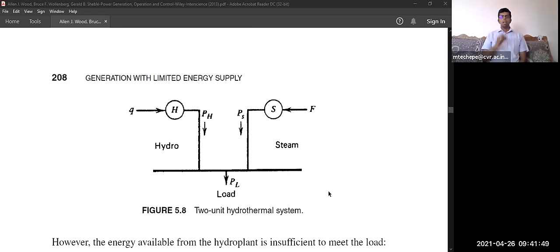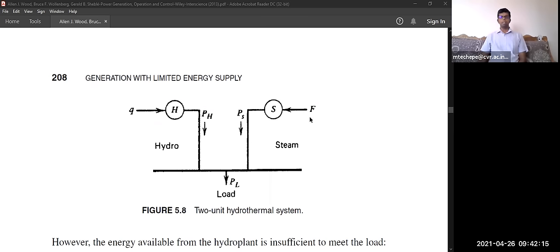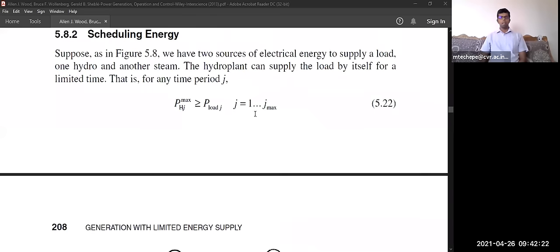In the peak hours, if the hydro reserves are very less, then we have to rely on the steam powered generating unit. Hydro is less costly; no fuel cost is needed for generating the power, whereas for steam, you need coal resources for generating the steam power.